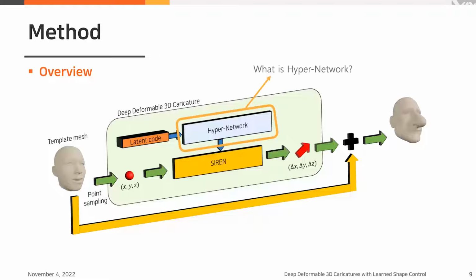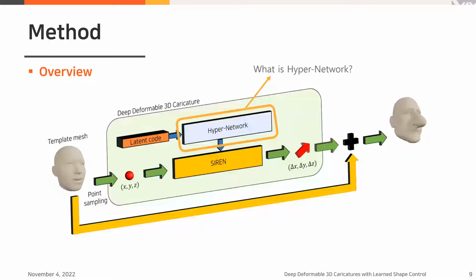First, we have a template mesh, and we assume that they are trained with various shapes of 3D caricatures, which have point-to-point correspondence with each other, which means their topology is the same: the same number of vertices and the same number of faces in the same order, and only the deformation is the difference.